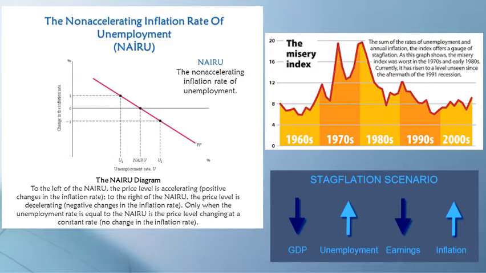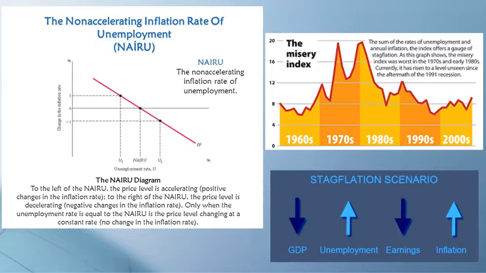So to avoid this inflationary spiral, the Federal Reserve and the government had to maintain a certain level of unemployment, right? This is called the non-accelerating inflation rate of unemployment, or NAIRU.